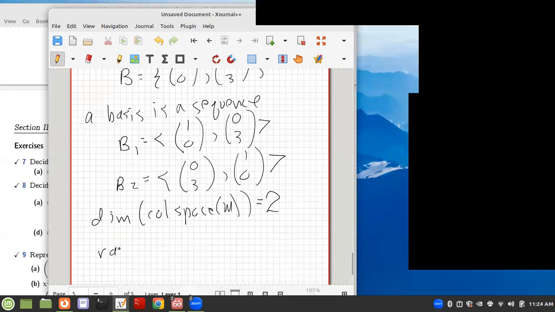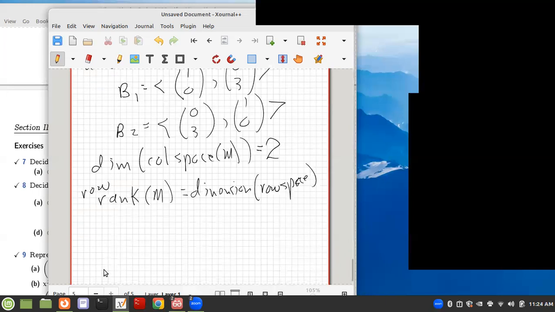The dimension of row space and the dimension of column space are given special names. The row rank is the dimension of row space, and the column rank of M is the dimension of column space.